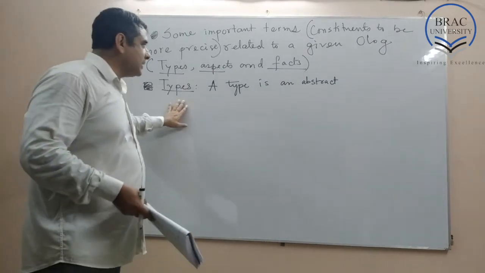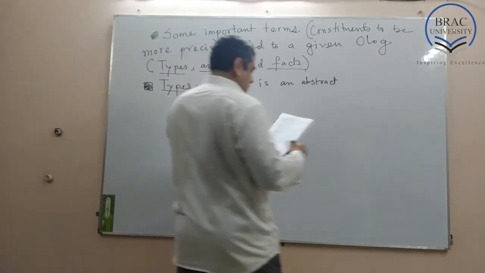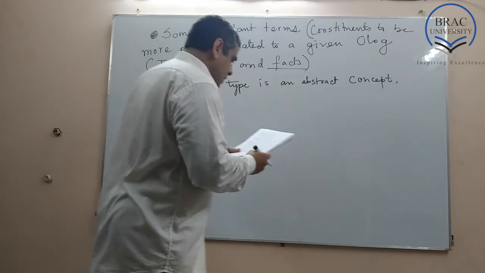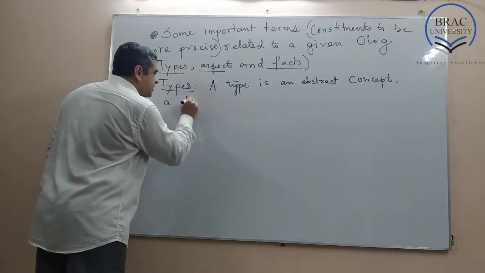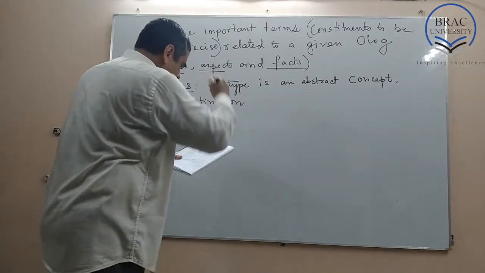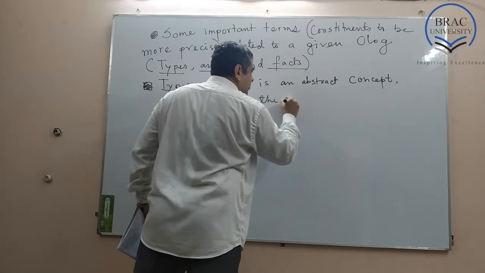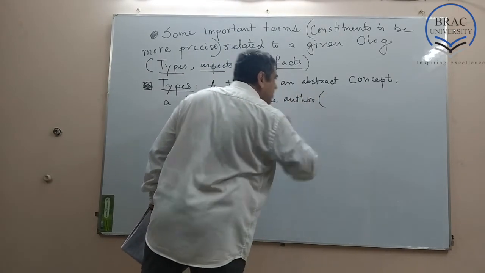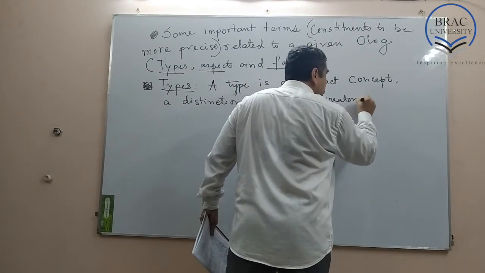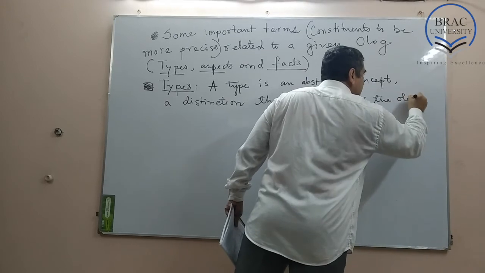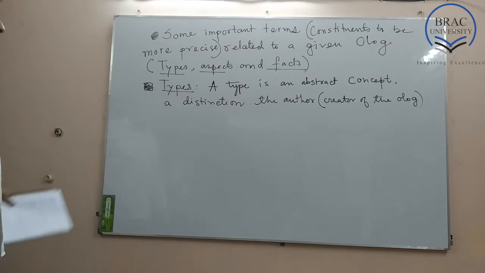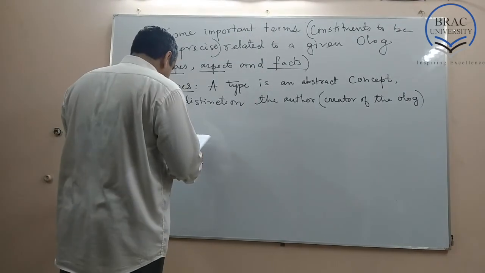But for the moment, you can see that a type is an abstract concept, a distinction. The author. Who is the author? Author is the creator of the Olog. Okay? He or she is the author who creates the Olog. So a type is an abstract concept, a distinction the author has made.